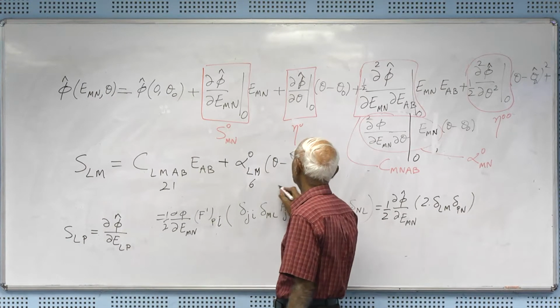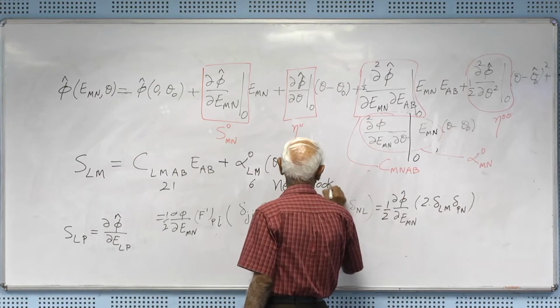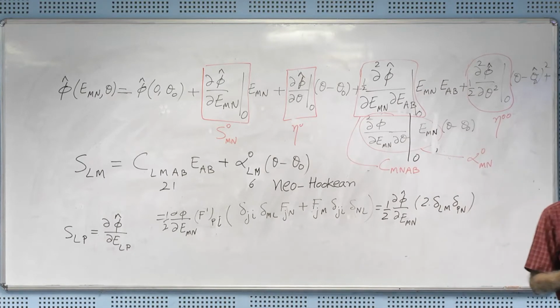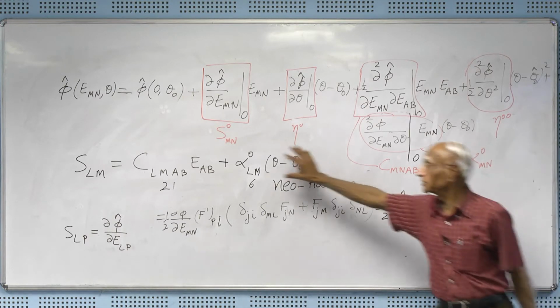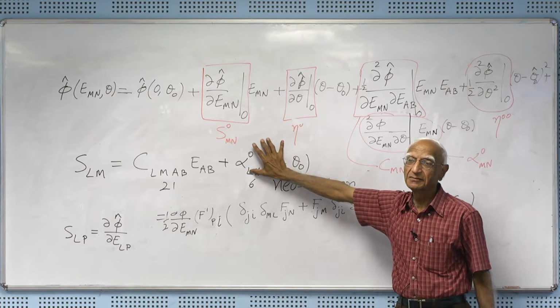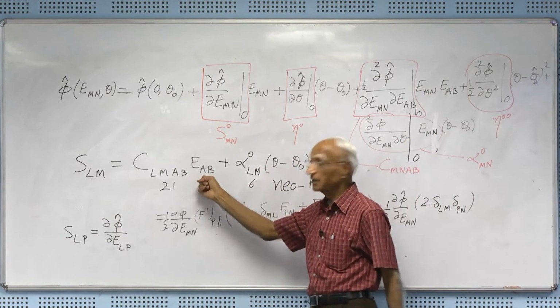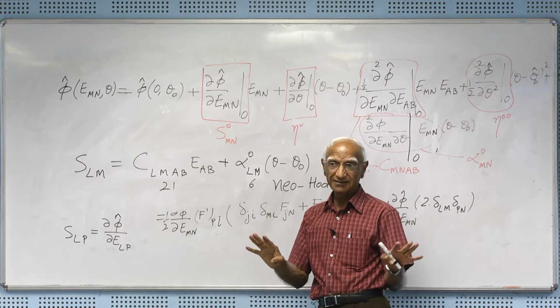So this one we can call neo-Hookean, because it behaves like a Hookean, looks like a Hookean. Stress is a linear function of strain. Well, sorry, you should not use the word linear because of this term. And if you don't consider temperature change, then stress is a linear function of E. And that's what Hooke's law says.